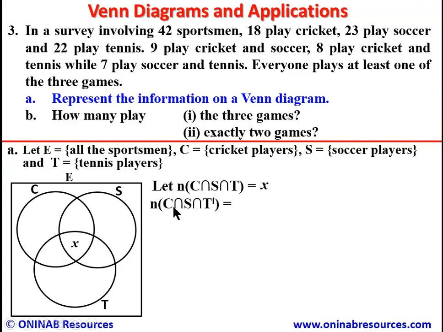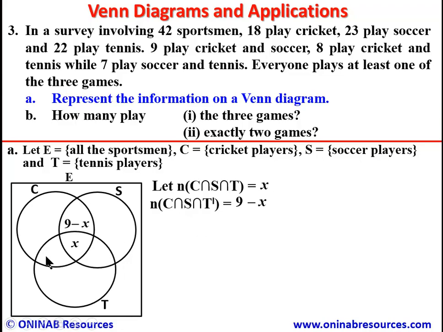So that is N of C intersection S intersection T prime will be equal to 9 play cricket and soccer. Since there's no only, we remove X, so that will be 9 minus X, and this is the region.